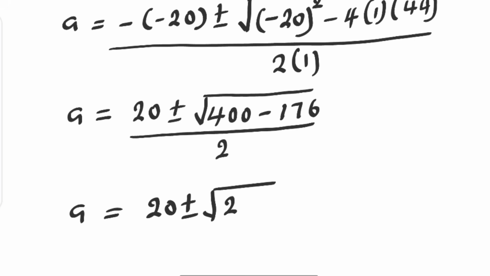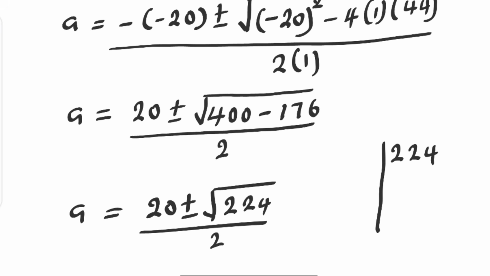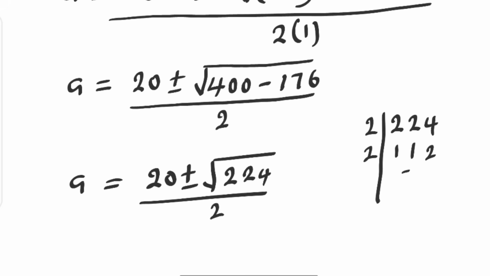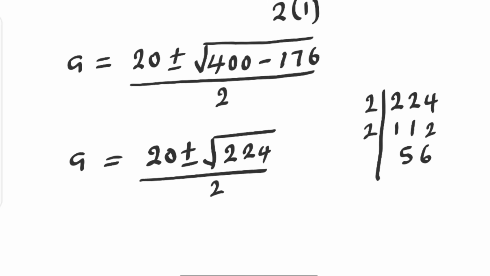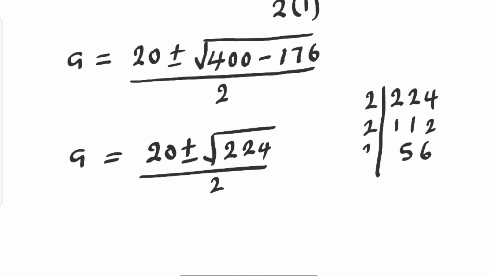That is 224 divided by 2. Now let's see 224. 2 into 24 here, this is 112. Then 2 here, we have 56. Then 2 here, 2 in 5, 2; in 16, 8.